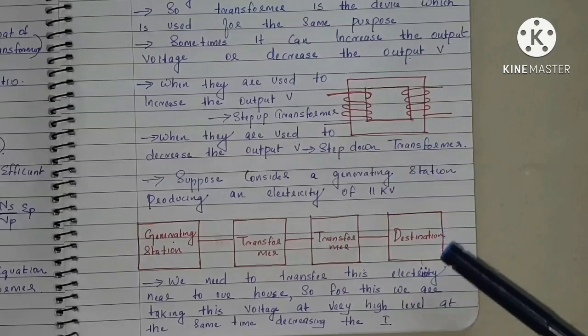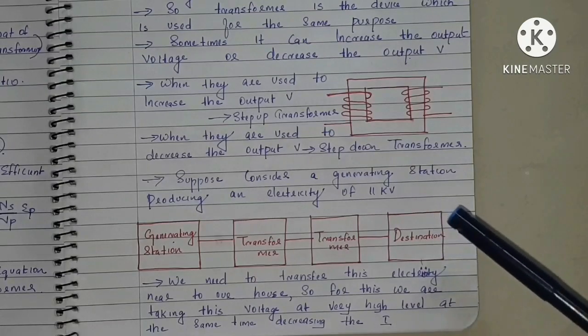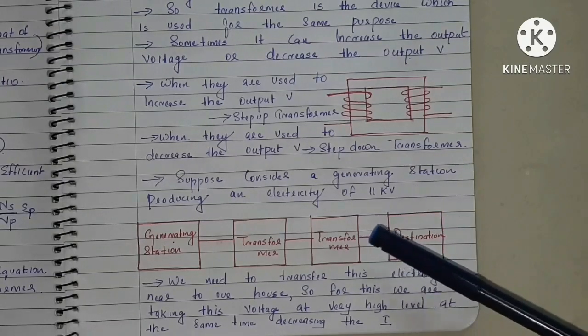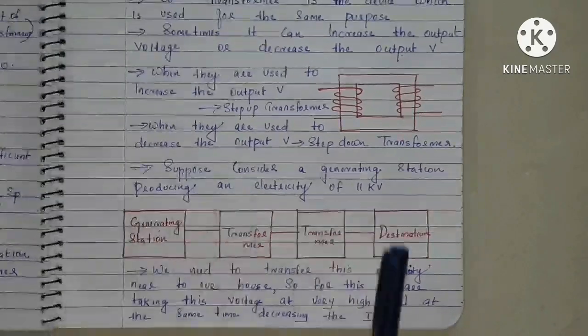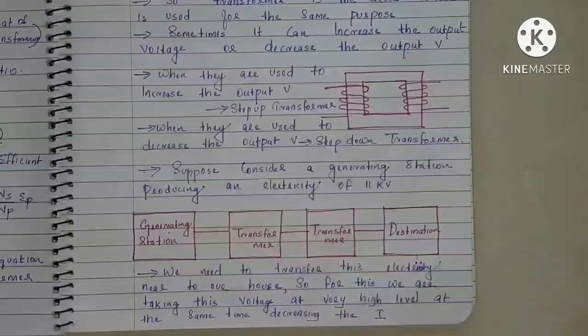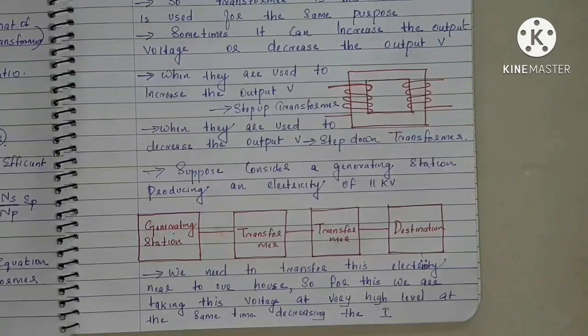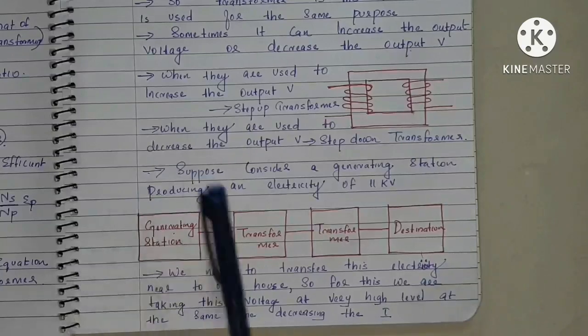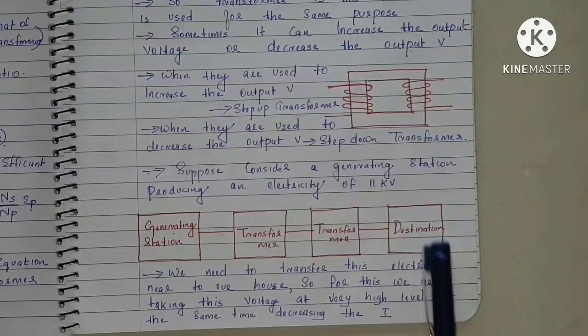In order to understand the role of transformer completely, we are considering a generating station here, which is producing electricity of 11 kilovolt, and we need to transfer this electricity near to our house, which is taken as destination.